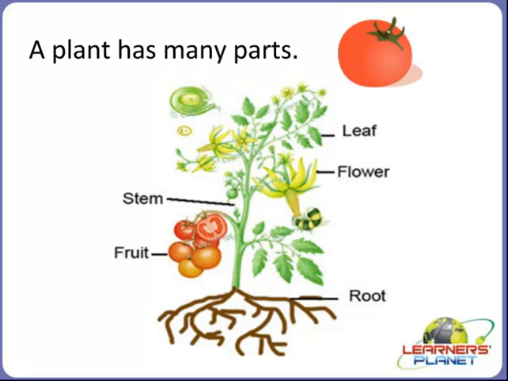Children, now we will study about the different parts of a plant. So children, we will study about the different types and the parts of the plant. A plant has many parts. For example, this is the tomato plant, which have many parts.